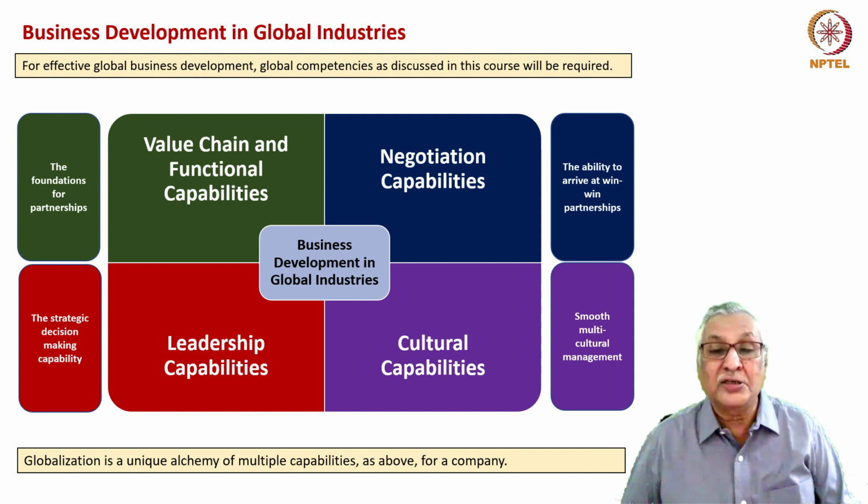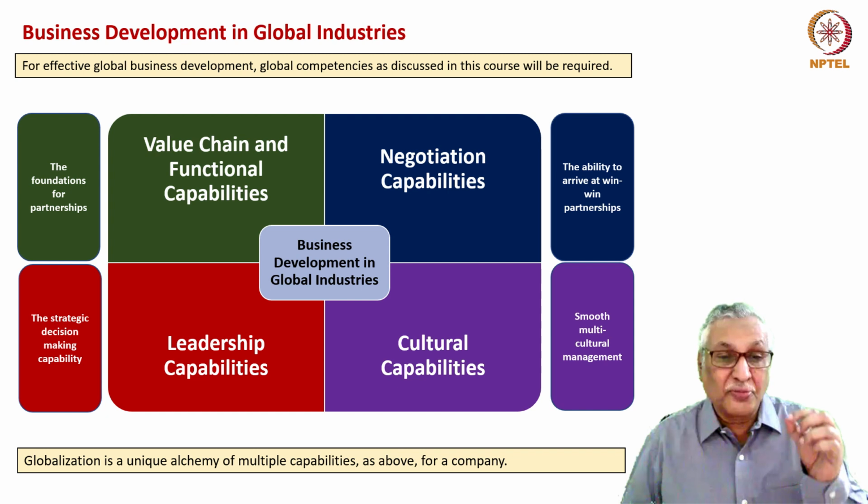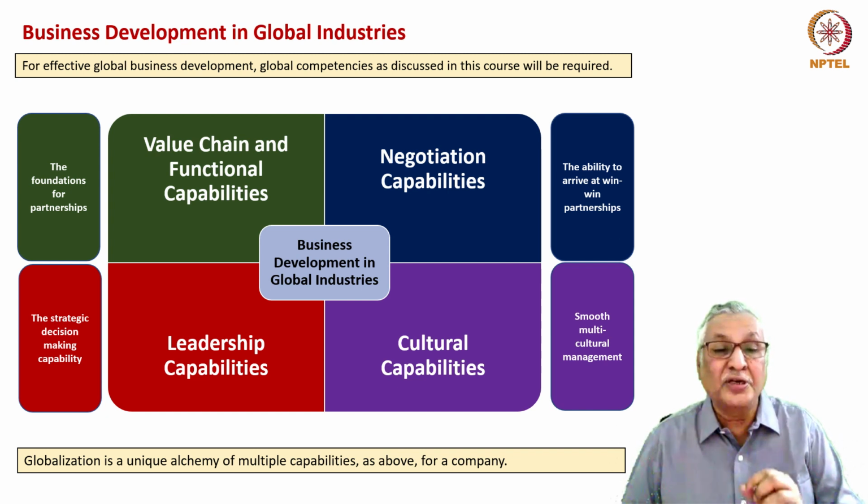We need to find the cultural means to handle all types of global cultures. And above all, the leadership of India Inc. has to rise above the domestic compulsions and take a global view and see how the best of global talent, best of global knowledge can be brought to India, how the best of Indian talent can flow to global endeavors.